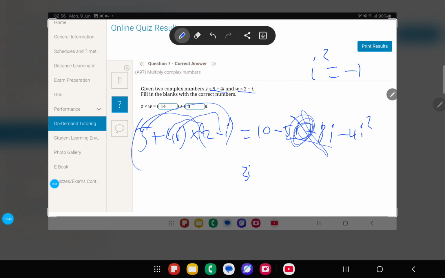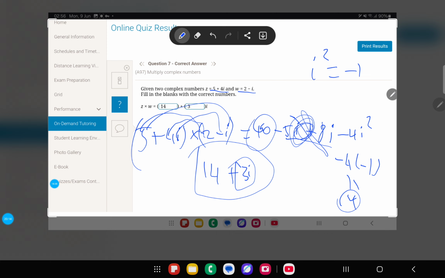So negative 4 times negative 1 equals 4. So 10 plus 4 is equal to 14. The i part: 8i minus 5i is 3i. And 10 plus 4, which is negative 4 times i squared, which is negative 4 times negative 1, which is 4. So 10 plus 4 is 14.